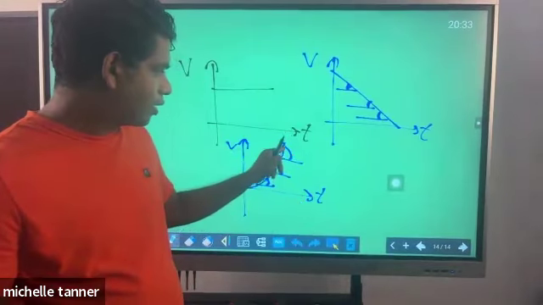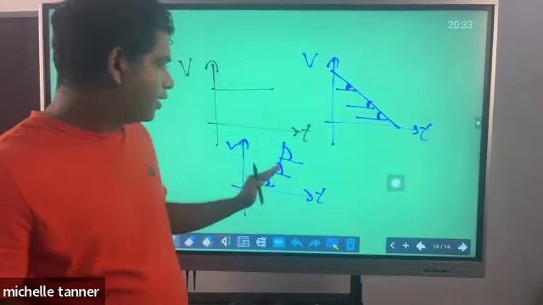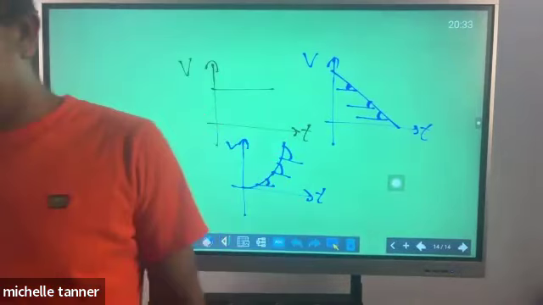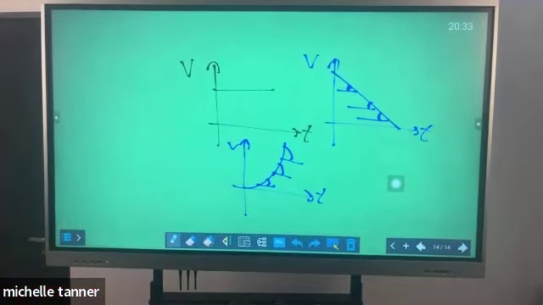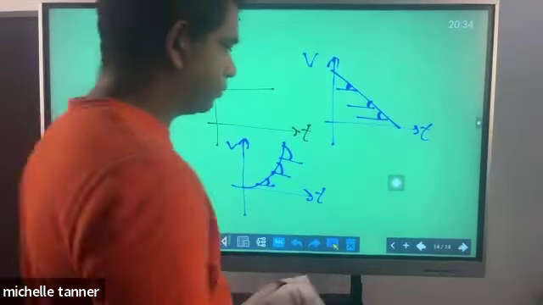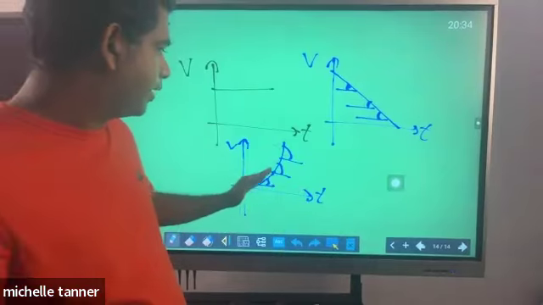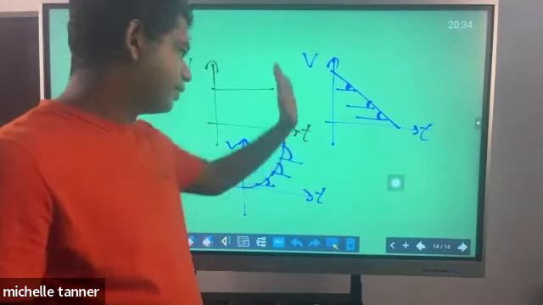But the value of the angle increases. Therefore, the gradient increases. Yes, sir. Understood. Right. Describe this graph also. Gradient increases, therefore acceleration increases.